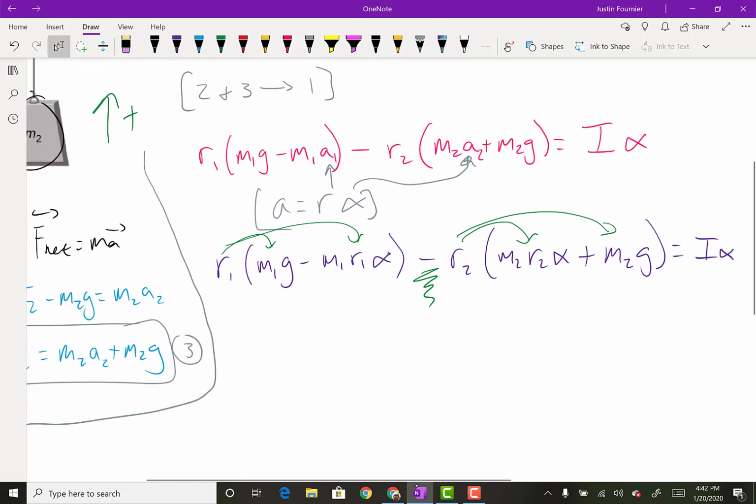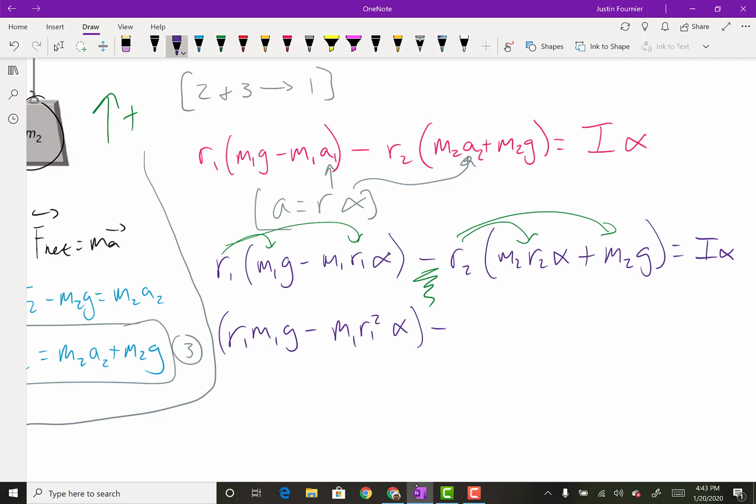So this is going to be R1 M1G minus R, well, that R is going to be squared. So M1 R1 squared times alpha. Gee, that looks like a moment of inertia almost. It's almost like a point mass moment of inertia. Okay, sorry, being silly.